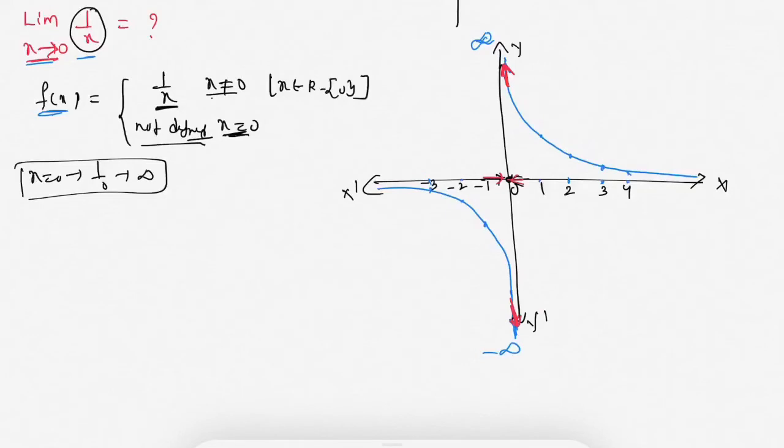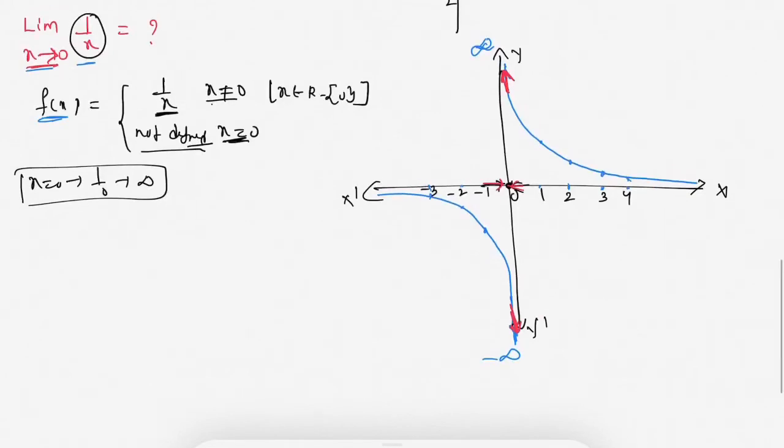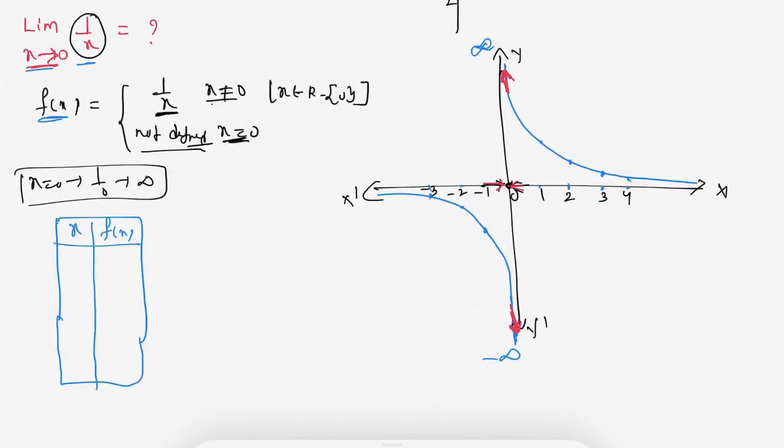Why? Because suppose I take the graph of x and f of x. For the 0 value it is anyway undefined. We know that.